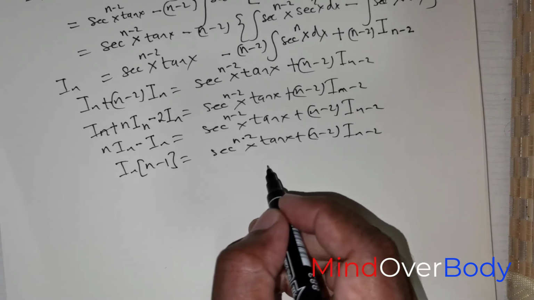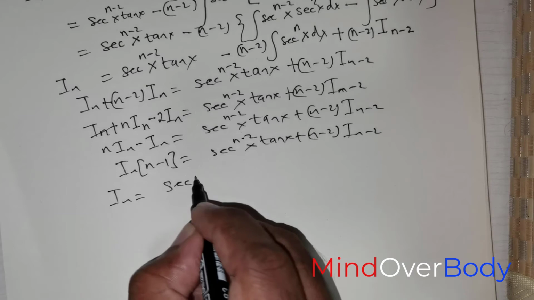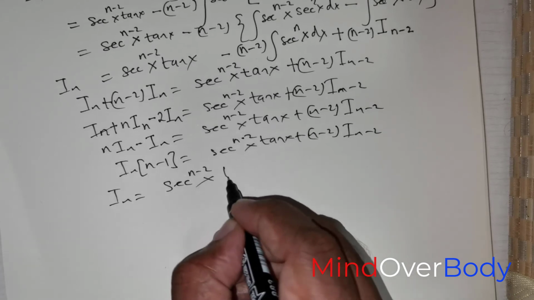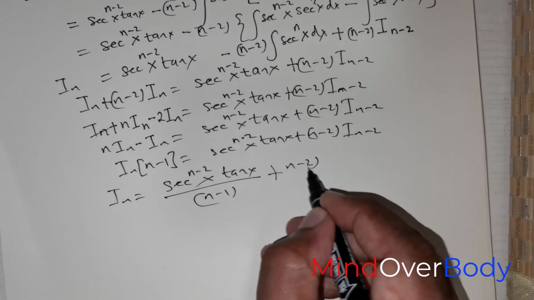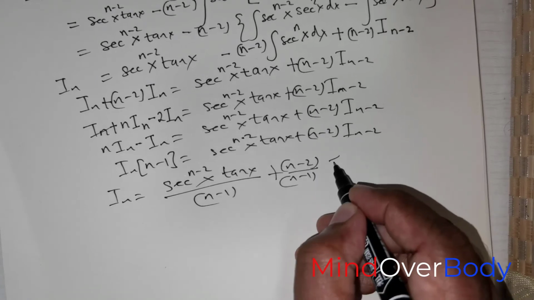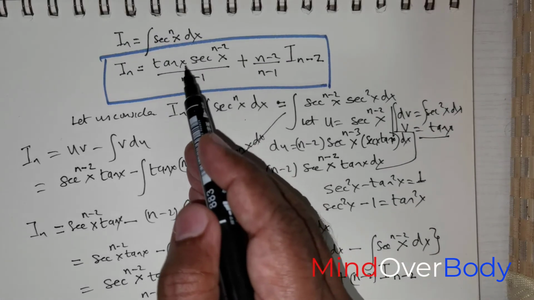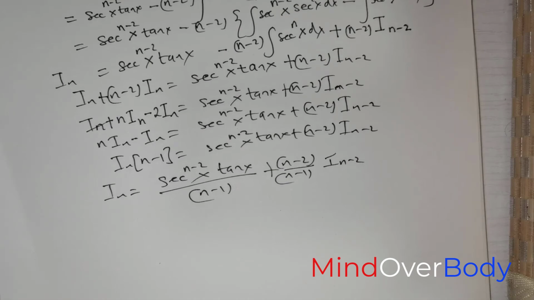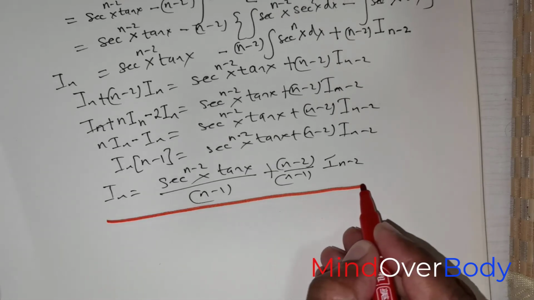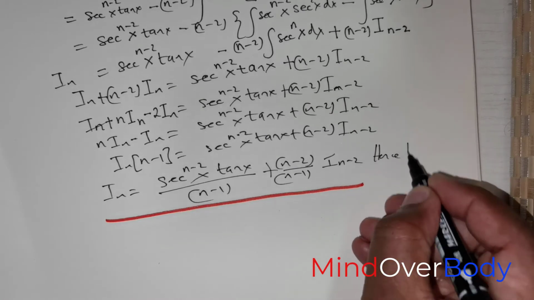Now push this n minus 1 to the right side, that would give me I_n is equal to secant raised to the power of n minus 2 x tan x divided by n minus 1 plus n minus 2 over n minus 1 times I_{n-2}. So this is exactly what we have, right? And this is a good place for us to draw the red line and write hence proved.